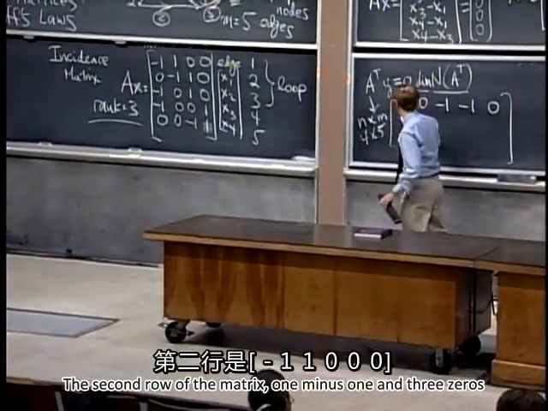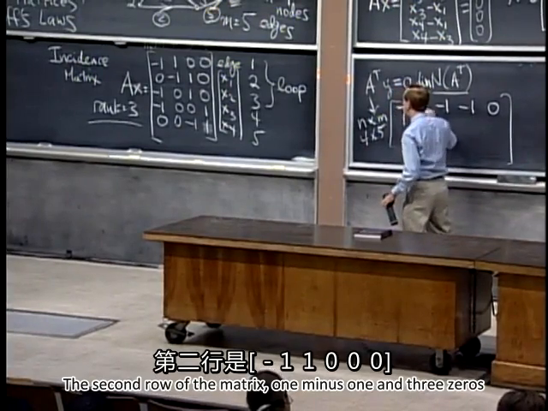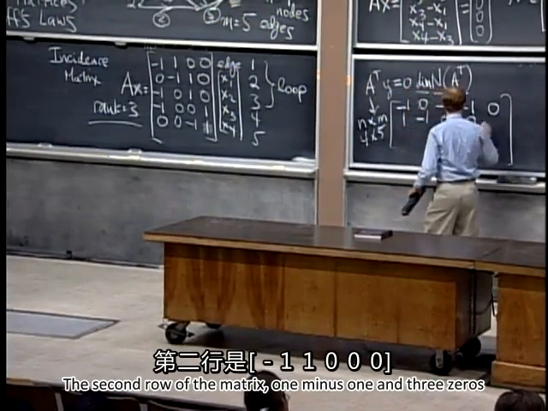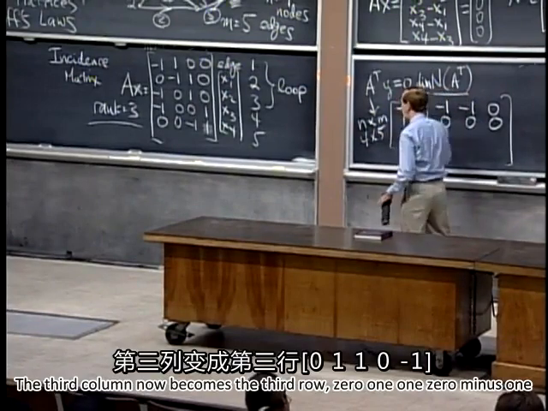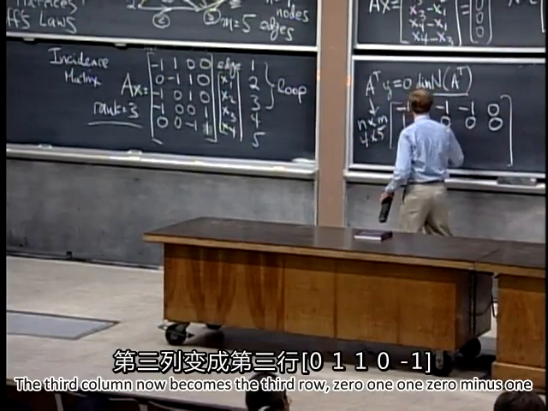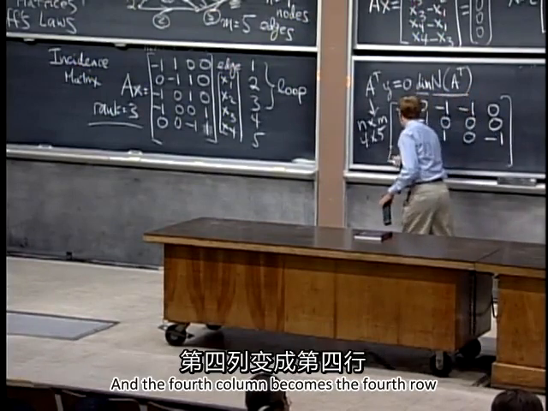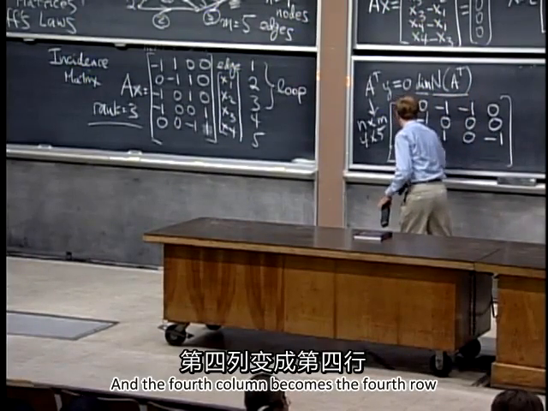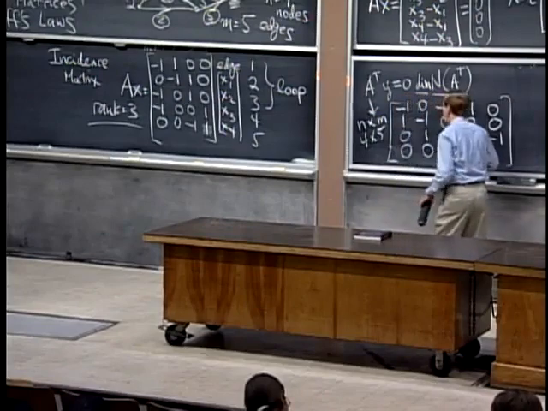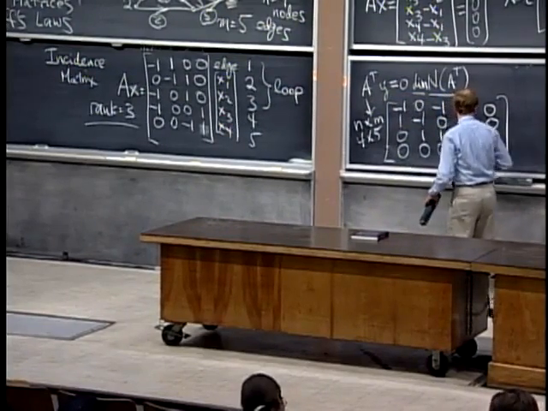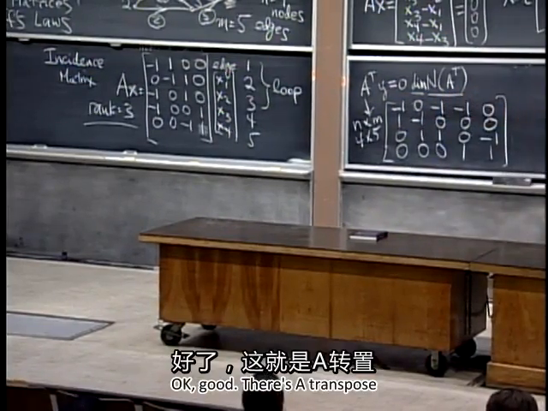The second row of the matrix is 1, minus 1, and 3 zeros. The third column now becomes the third row, 0, 1, 1, 0, minus 1. And the fourth column becomes the fourth row. Okay, good. There's A transpose.